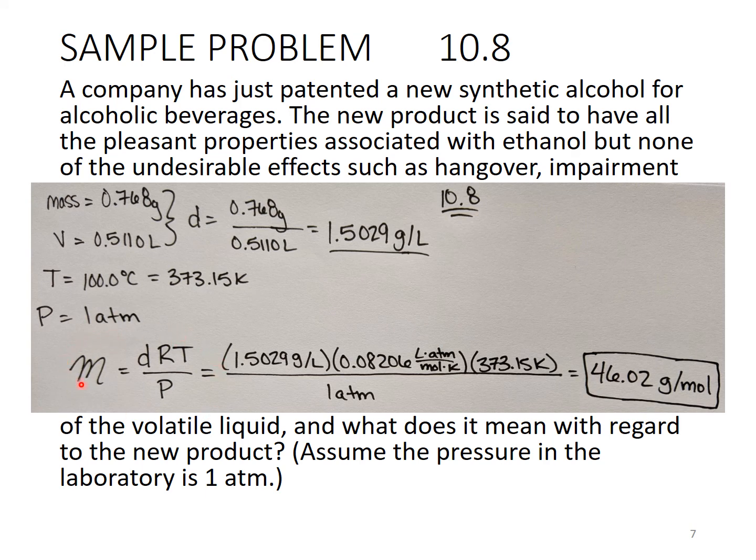And so the molar mass, which is the script M in grams per mole, is the density times R times T over P. You just plug all that in, making sure that our density is in grams per liter, because liters need to cancel and I need grams on top for my molar mass. And I find 46.02 grams per mole is the molar mass of that unknown liquid.